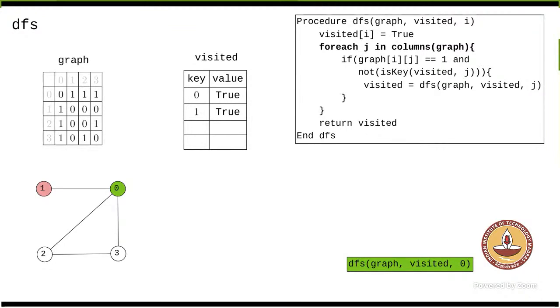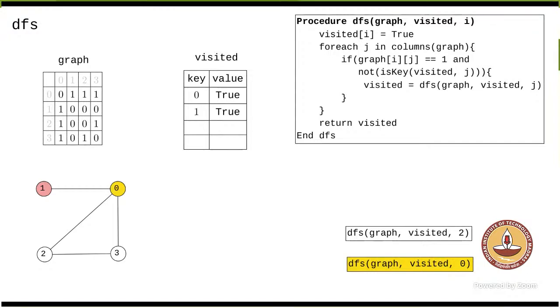So the statement will not apply for the first column. See, 0 2 is there as an edge, so we check graph of 0 2. That's going to be true, 0 2 is 1. But is 2 a key in visited? No, sir. So I can go ahead and call graph DFS on that, right? Yes, sir.